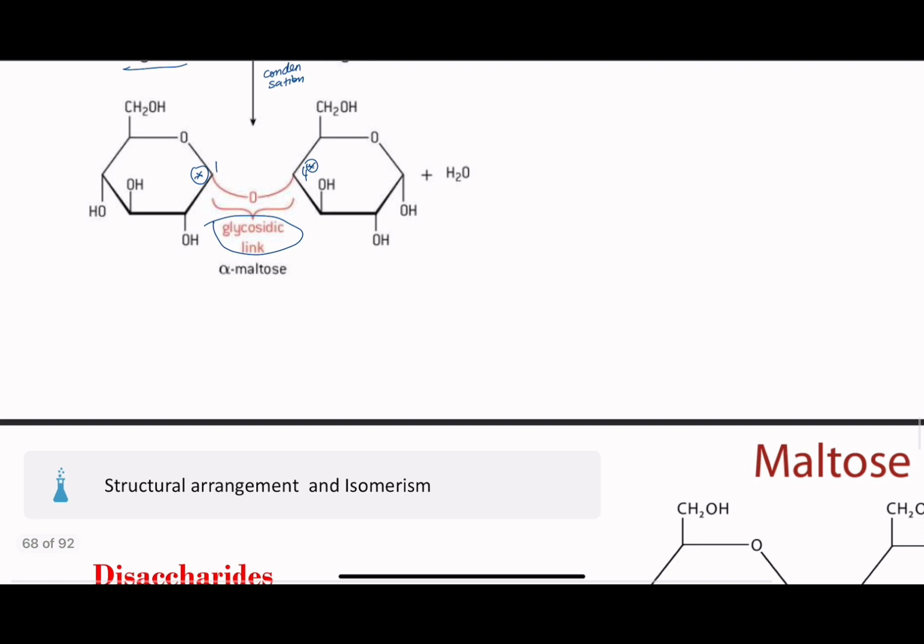And when they connect together, this disaccharide has a special name. It's called maltose. Sorry, it's not going to be called D-glucose. There is no such thing. It is going to be called maltose.